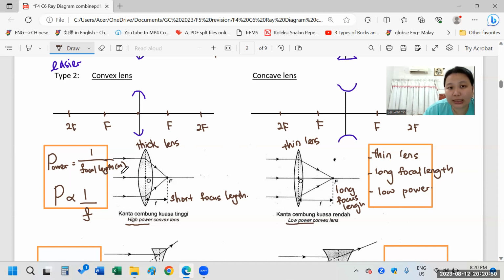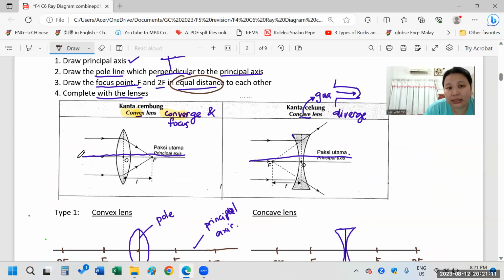Do you remember what is the name of this line? It's a must to know. If not, when I say look at the principal axis, they say, where is it? The principal axis is this imaginary line that goes through the center of the lens. What is the pole? The pole is actually the center of the lens, which is perpendicular to the principal axis.